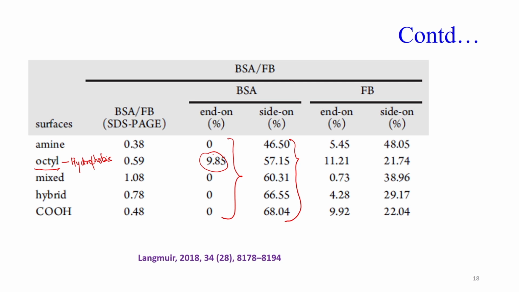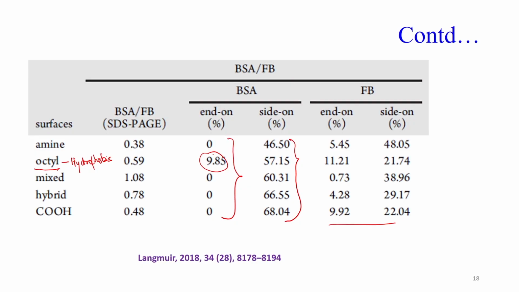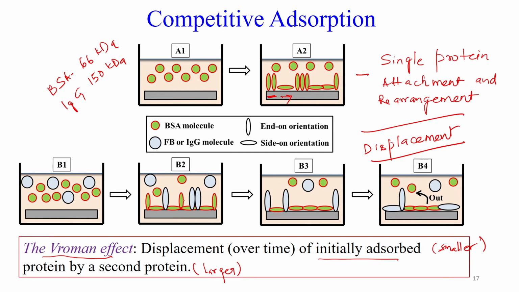Now, this other protein, the larger protein, will have both the fractions, end-on as well as side-on. So, it is following a typical adsorption process depending on the availability of surface, because first the smaller protein will reach the surface, it will occupy some surface space, and depending on the available surface space, a larger protein will come, it will try to displace the smaller protein, and typically what we observe in this case, let us say these are the end-on.